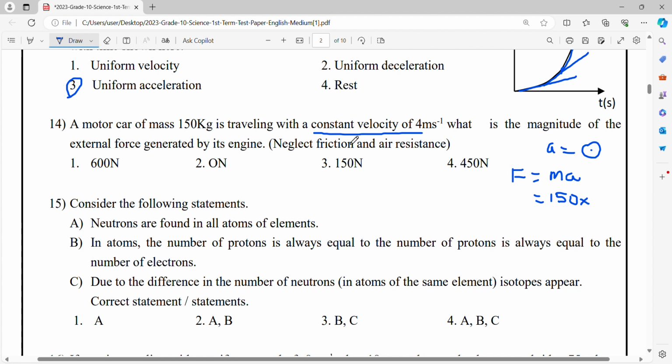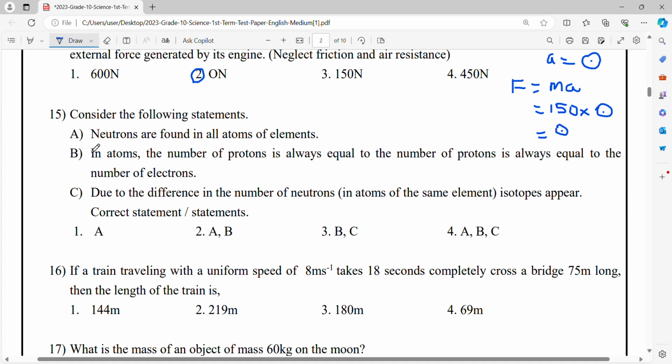Initial velocity and final velocity are the same, 4. Same velocity, not increasing, not decreasing, so acceleration is 0. Then force will be 0. So the answer would be 0 in uniform velocity.